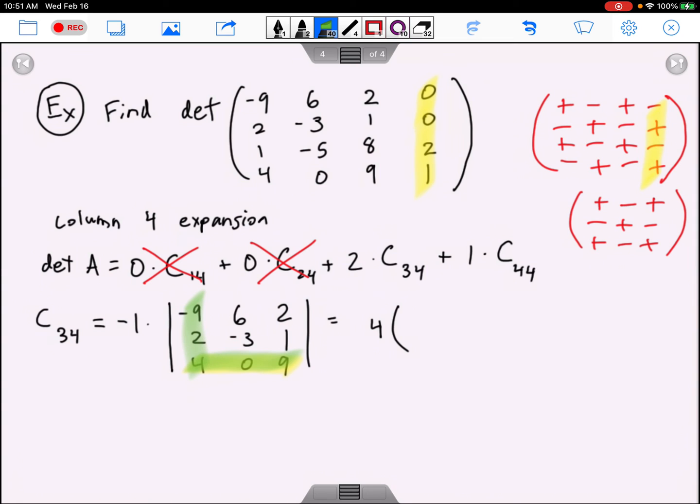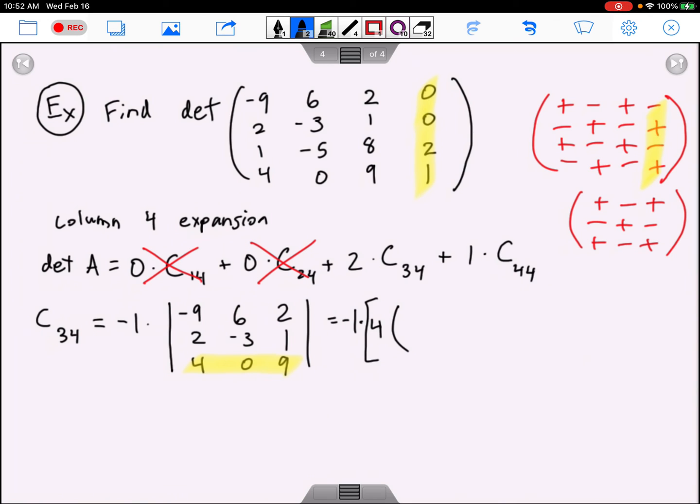And I have a 2x2 matrix there. And don't forget that I have a -1 in front of this whole thing. So yeah, I should probably not forget that. Let me just write it there so I don't forget.